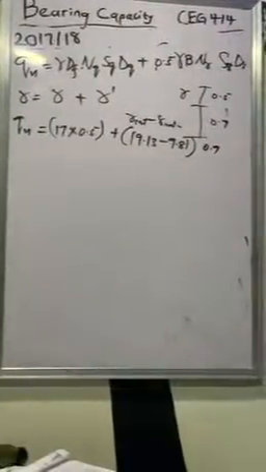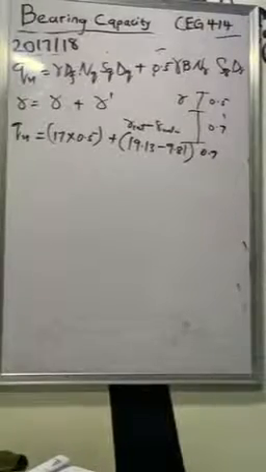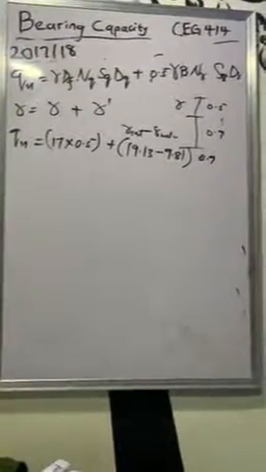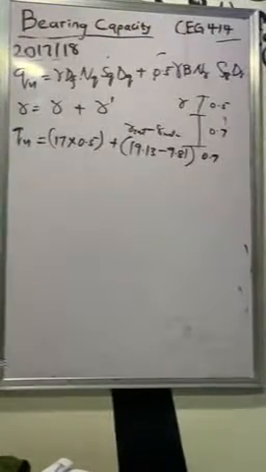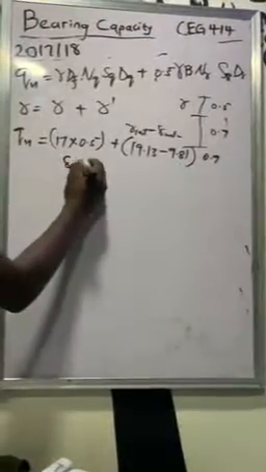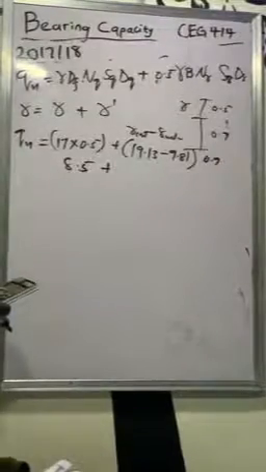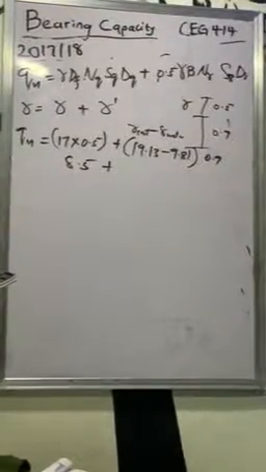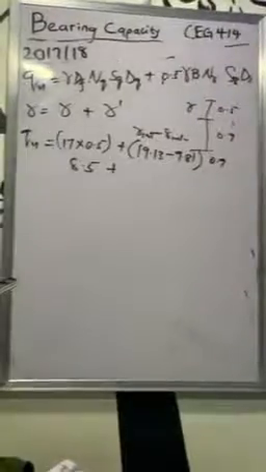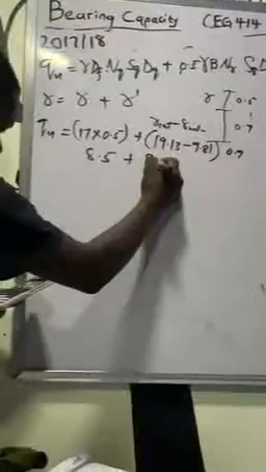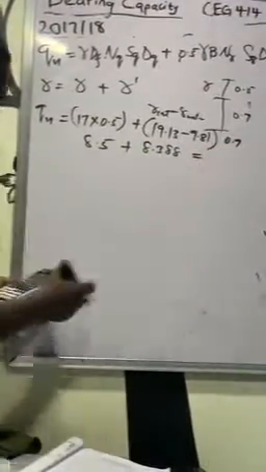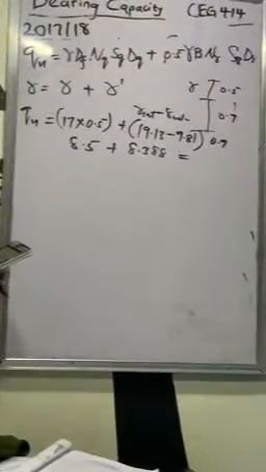If I solve that out separately, I have 8.5 in this space, and I have 8.9.